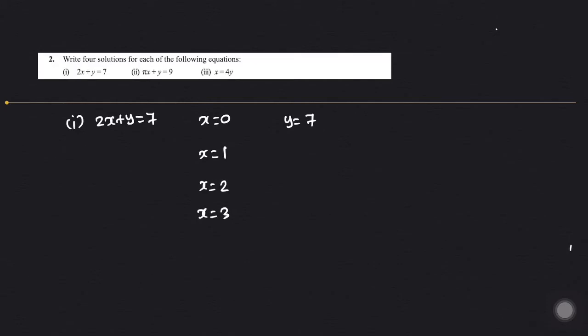Then I apply x equal to 1. So 2 plus y equals 7, then finally y equals 5. Next x equal to 2. So 2 times 2 is 4, plus y equals 7, then y equals 3.